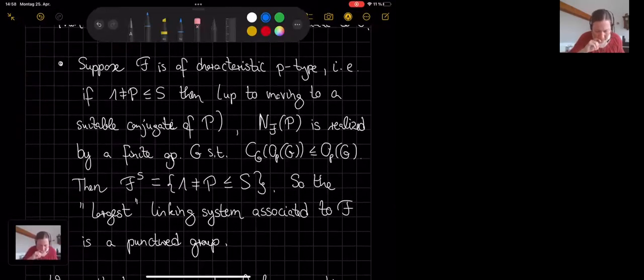Then there's also one more case where I can see easily that a punctured group does exist.